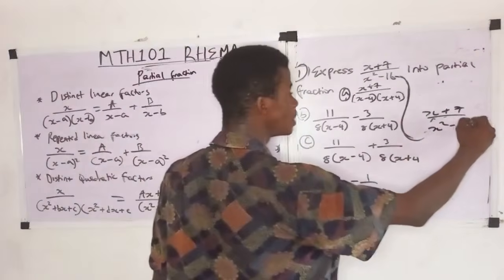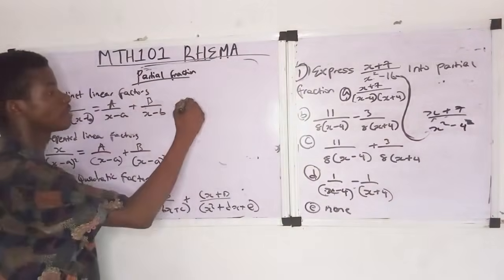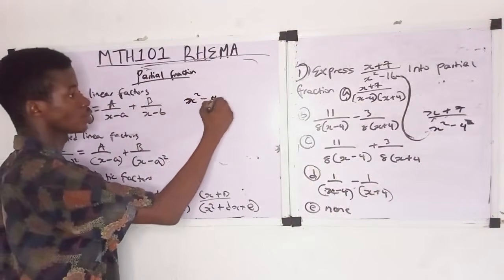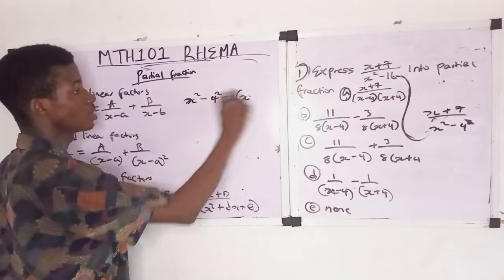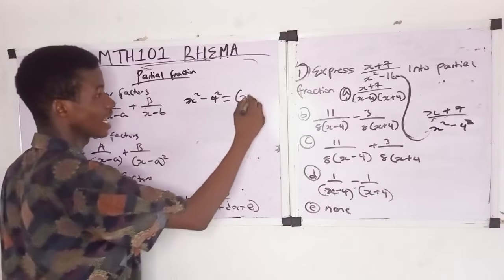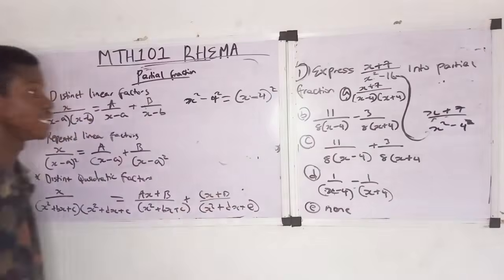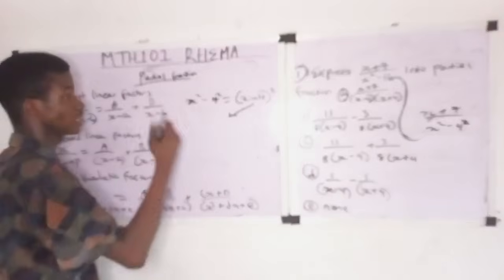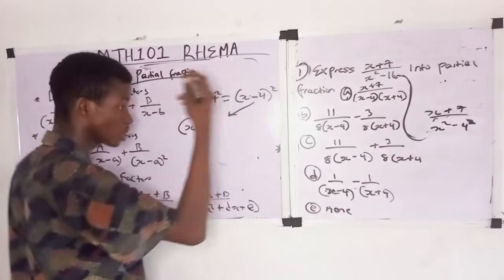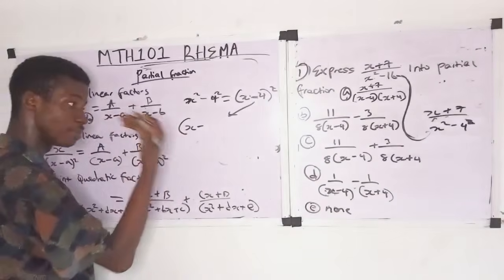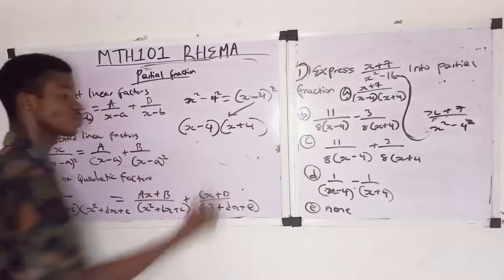If you look at these two, this is a difference of 2 squares. A difference of 2 squares means that s square minus 4 square equals s minus 4 multiplying s plus 4. This is a difference of 2 squares.